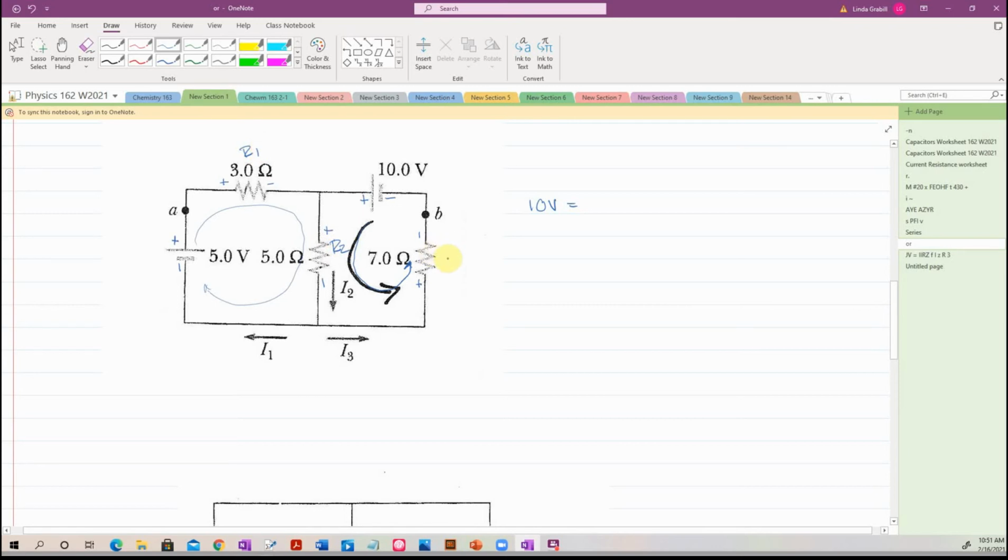And I'll call this R3. So 10 volts equals R2 I2 plus R3 I3. So that's one loop. And now we're going to do the second one starting from the 5 volt source.